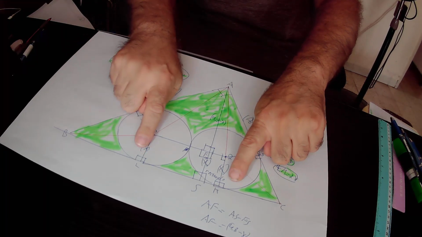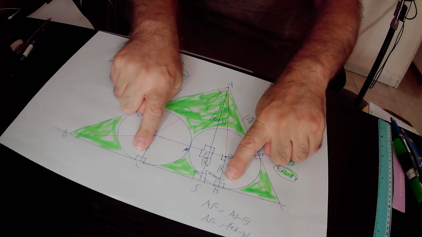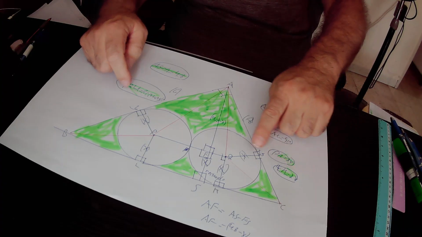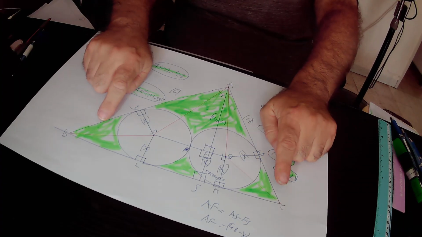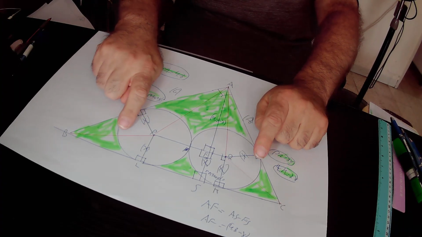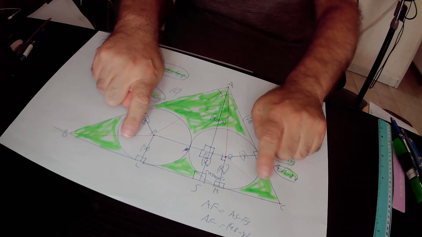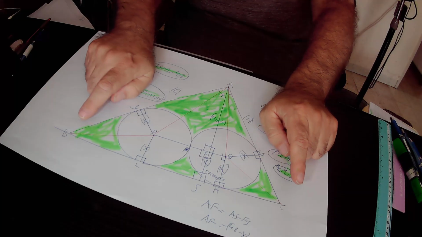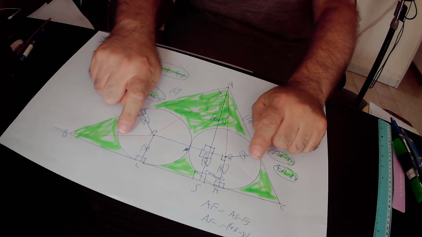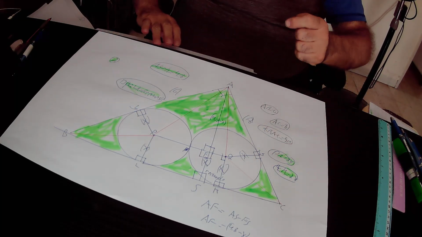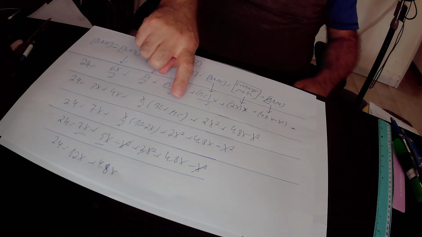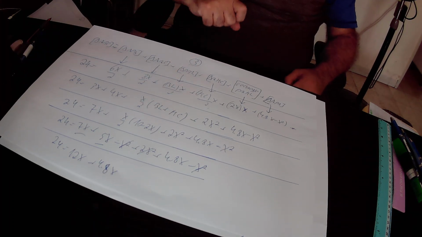BC is 10, LK is 2x. So in total, BL plus KC equals 10 minus 2x units in length.